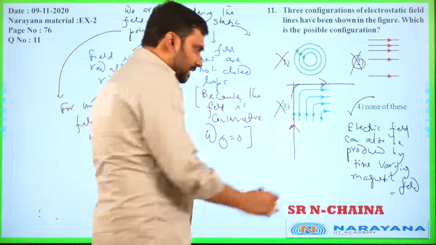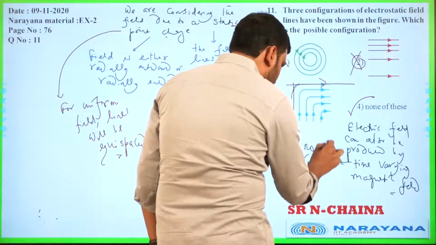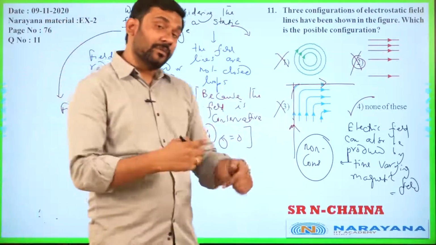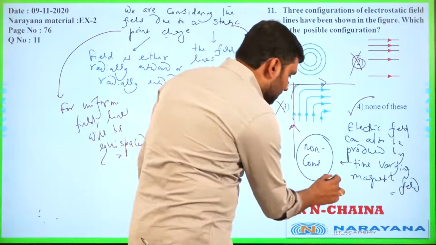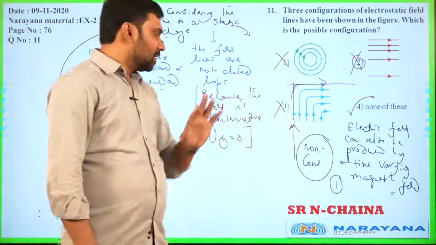And that induced electric field is basically non-conservative. If they are non-conservative, they have to form closed loops. So in that case, 1 is the answer. Right? Clear? That is one confusion solved.